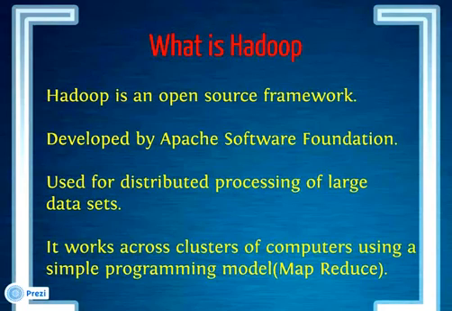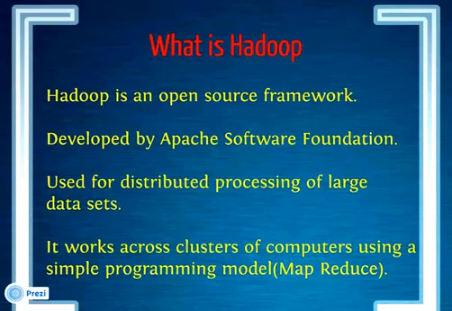That's why the third line is, Hadoop is used for distributed processing of large data sets. The input data which we want to analyze is quite large, and that's why we are not processing it on a single machine. Instead, we are distributing that processing among multiple machines, so that our processing can be completed in less time.